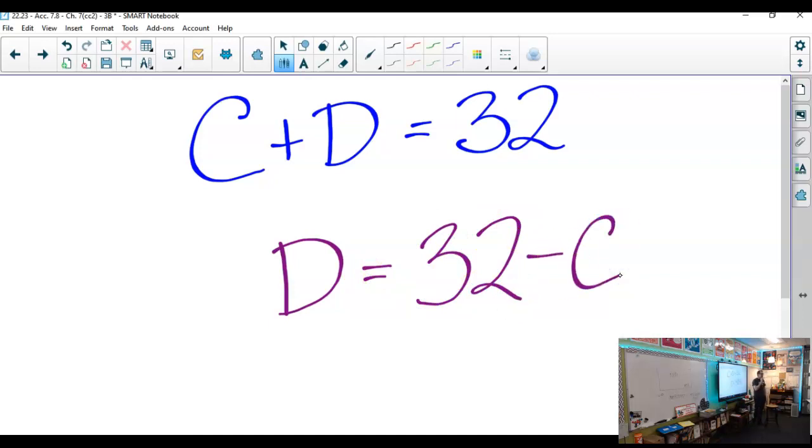And now, anywhere in my equation that I had a d written, I can replace it with the expression 32 minus c, and now I have a c on both sides of my equation. And since I now just have one variable on both sides, I can solve for what the cat weighs. And once I solve for what the cat weighs, I can figure out what the dog weighs.